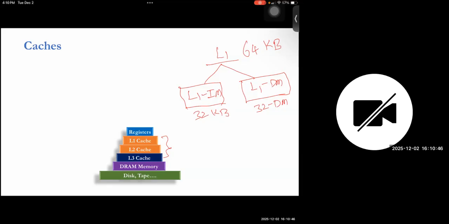Then the next level cache is the L2 cache. These L2 caches are slightly further away from the CPU or ALU.